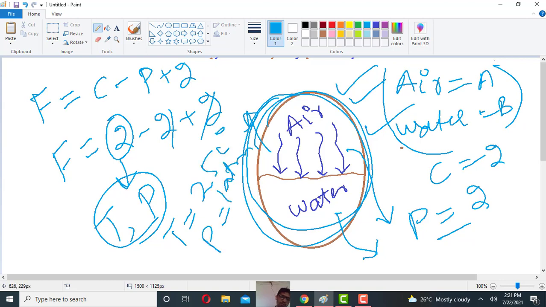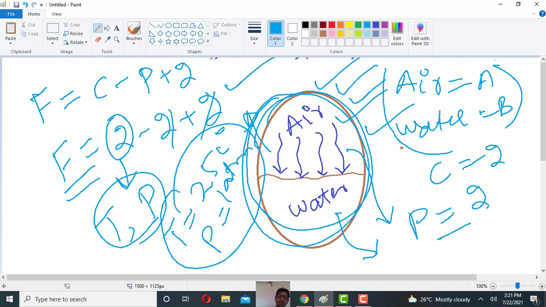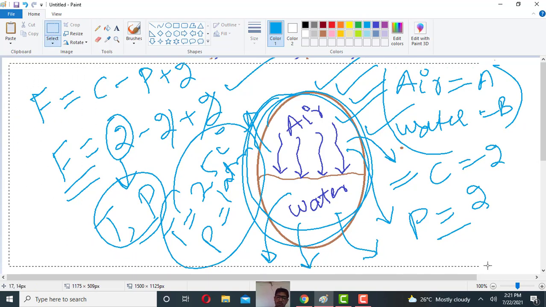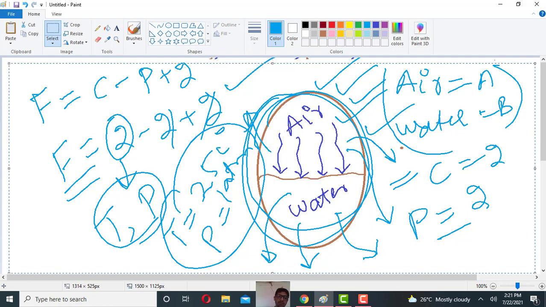So we can define the mole fraction of air in the water and the mole fraction of water vapor in the air. So these are simple examples related to the degree of freedom.